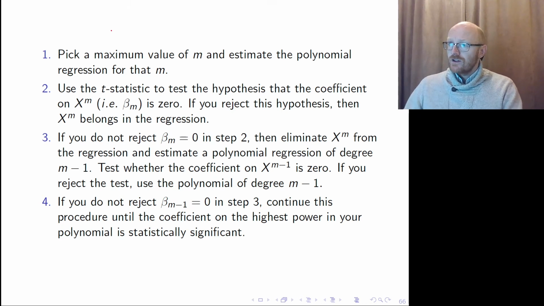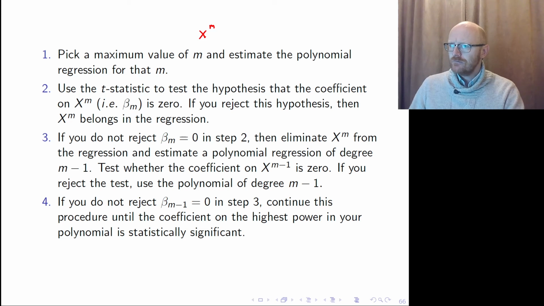So first of all, you can pick a maximum value of m. Okay, so this would be the x to the power of m, right? You make that variable, and you make all the variables with powers less than m, and include them in the model. So you pick a maximum value of m and estimate the polynomial regression for that m.